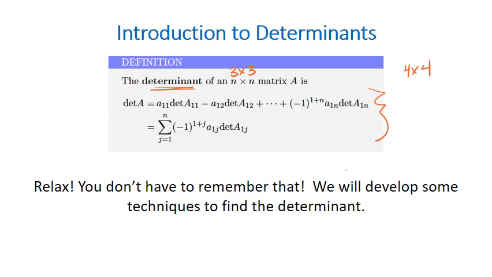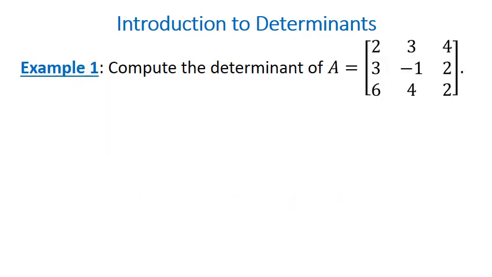So let's jump into some examples. In this example, we are asked to compute the determinant of this matrix here. So using that definition that we saw on the previous slide, here is what we will do. So that definition for a 3x3 matrix would be the following.